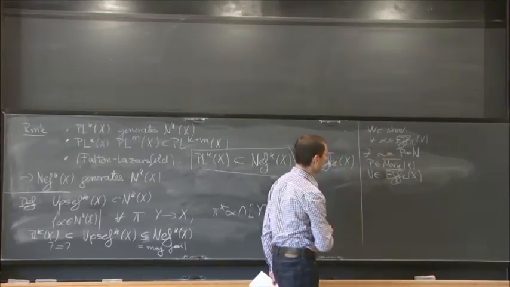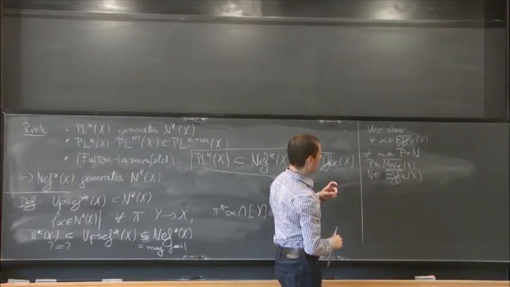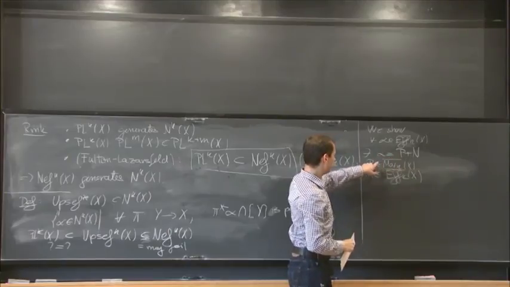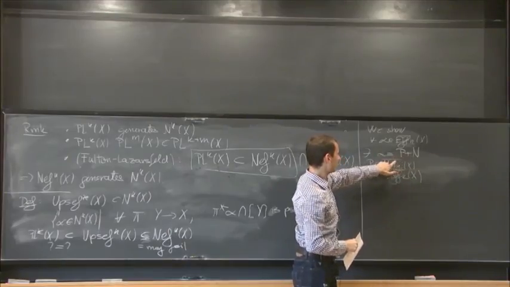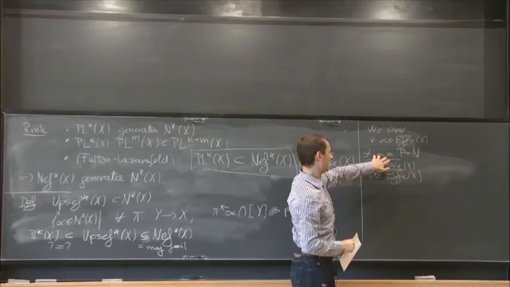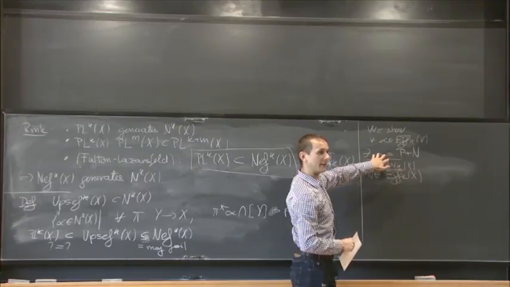And we want to say something more. So for divisors, in the Zariski decomposition, the movable part is supposed to capture all the sections of alpha in an asymptotic sense.